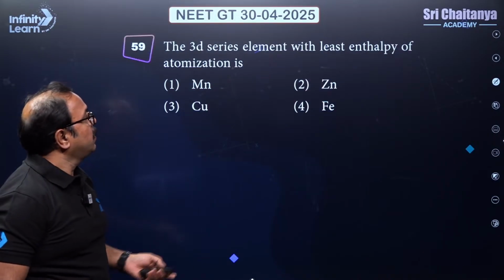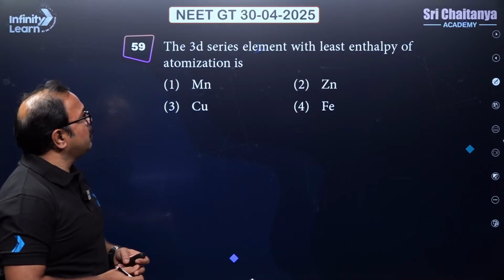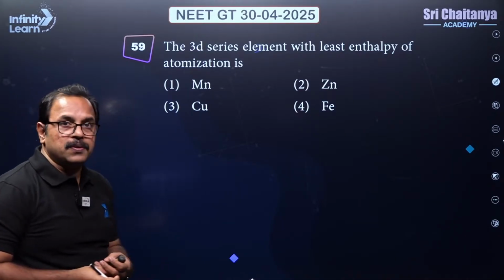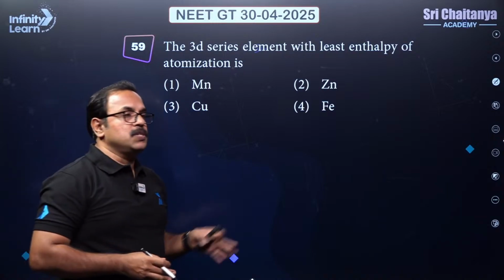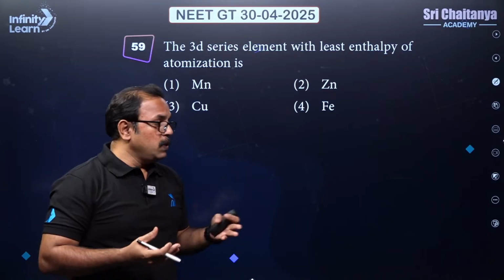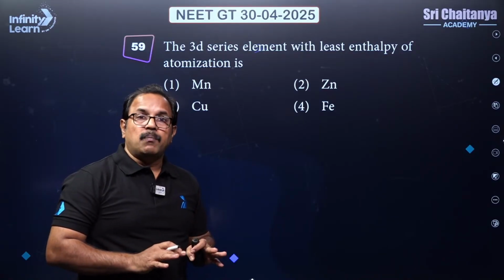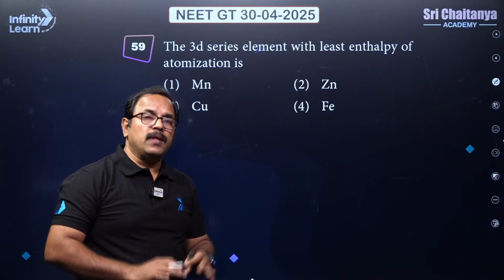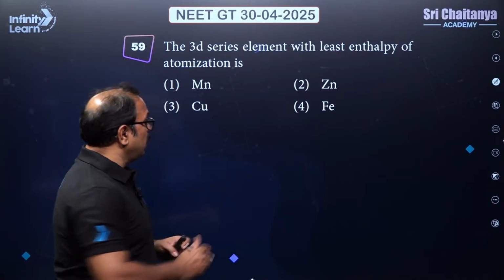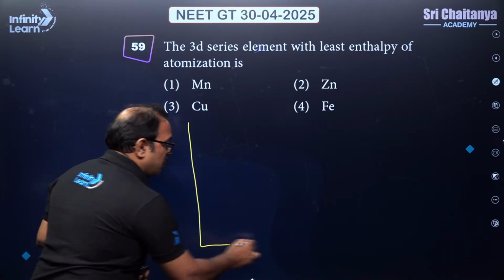Next, in 3D series elements, the element with the least enthalpy of atomization. In the graphical condition, the general properties are clearly given with respect to a graph. If you can remember the values, it's fine, but it is less likely that you will remember them during the exam tension. But the graph is very clear.